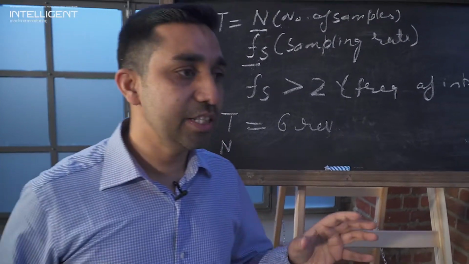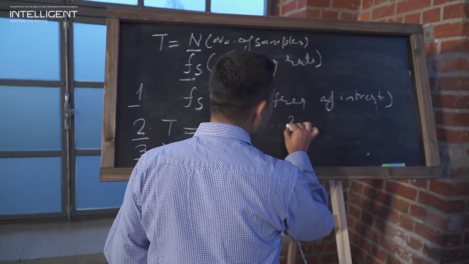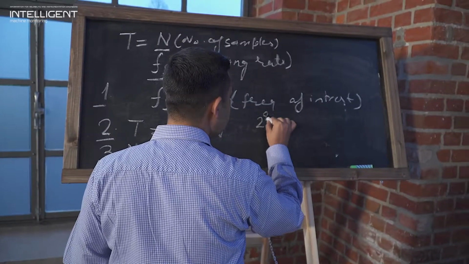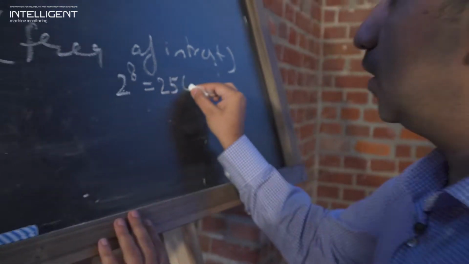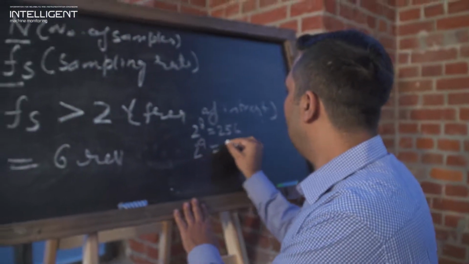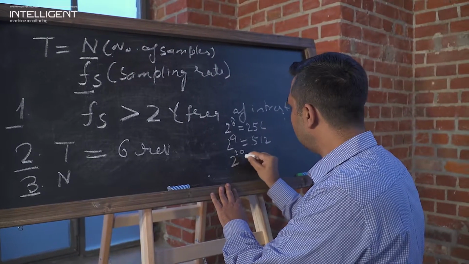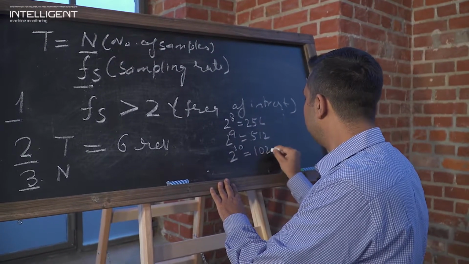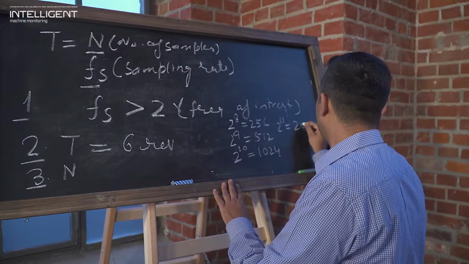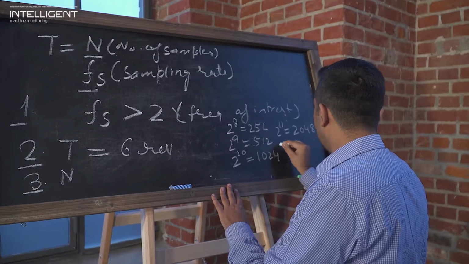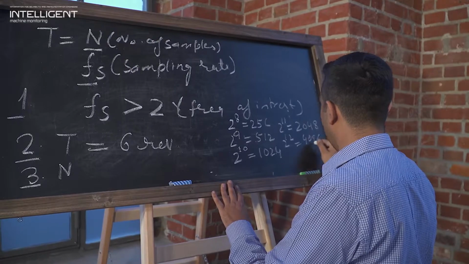The number of samples is always a power of 2, for example 2 to the power 8 is 256, then 2 to the power 9 is 512, 2 to the power 10 is 1024, 2 to the power 11 is 2048, 2 to the power 12 is 4096, and so on.